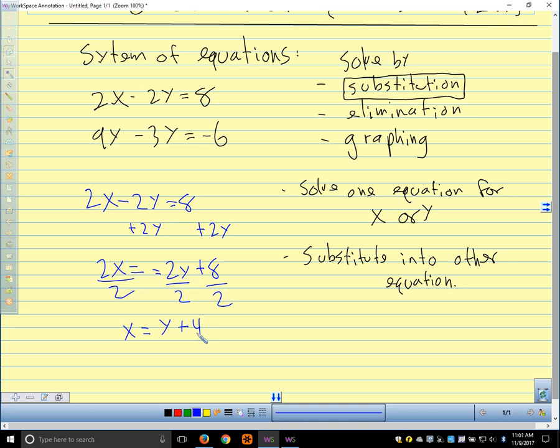Now I'm going to take this y plus 4 and I'm going to substitute it into that other equation for x, because it says x equals y plus 4.